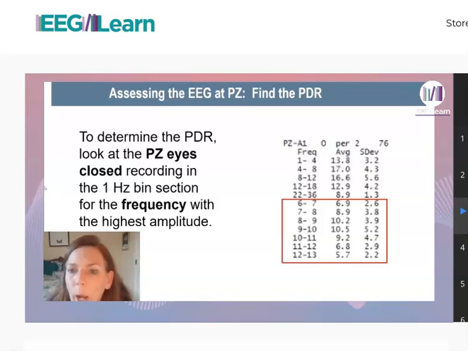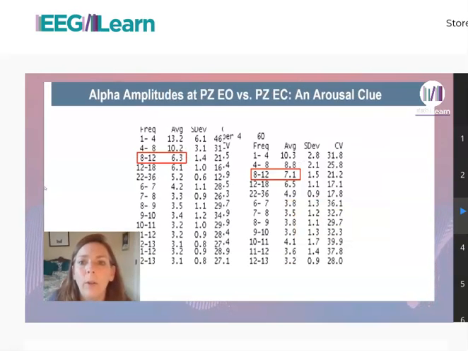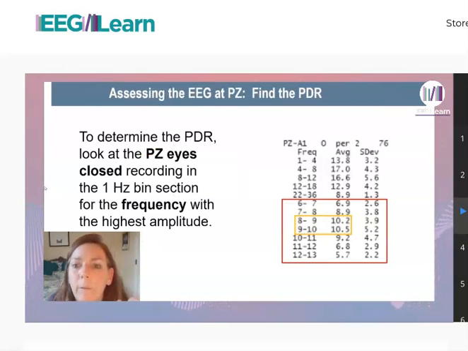Sometimes there will be one frequency hertz range that really stands out higher than the other ones. Sometimes it's going to be 2 that are really close together. Okay, but anyway, that's how you find the PDR. There it is, 8 to 9, 9 to 10 there. Okay, and the other, just as a reminder, this is looking at frequency.